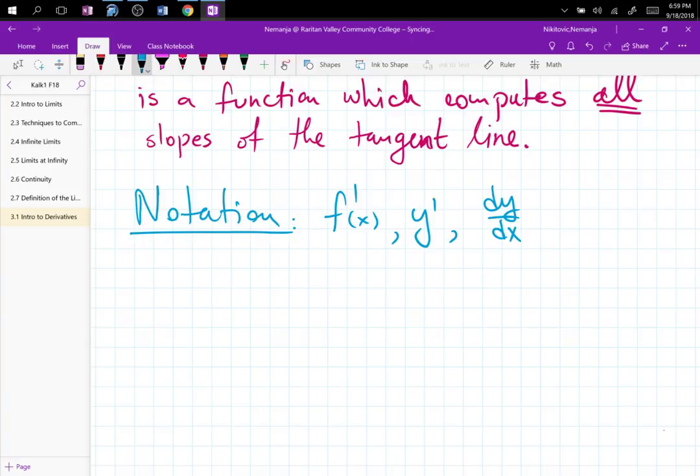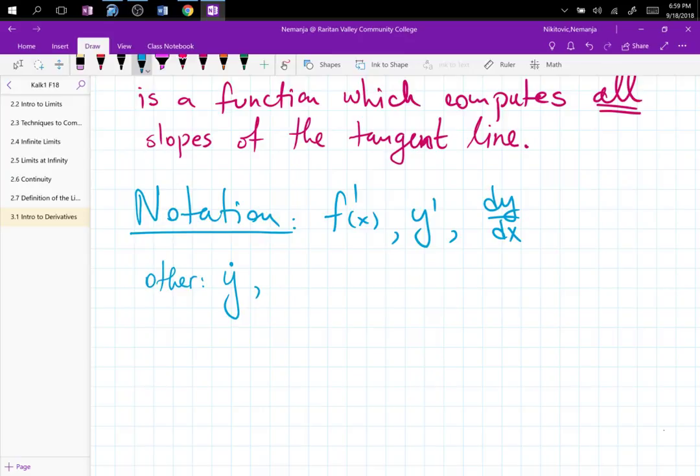Others would be y with a dot on top. That's the original Newton notation for derivative, the dot. And some of the mechanical engineering professors would still use such notation.